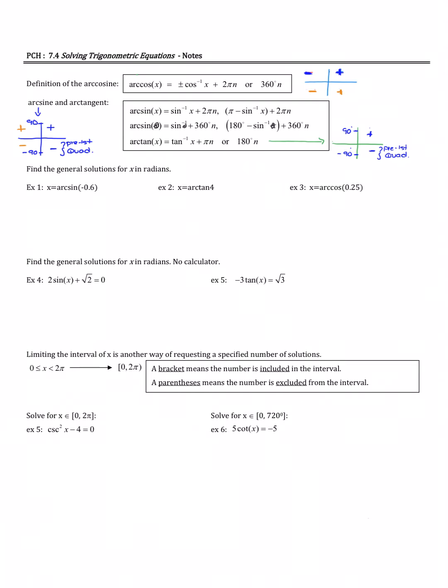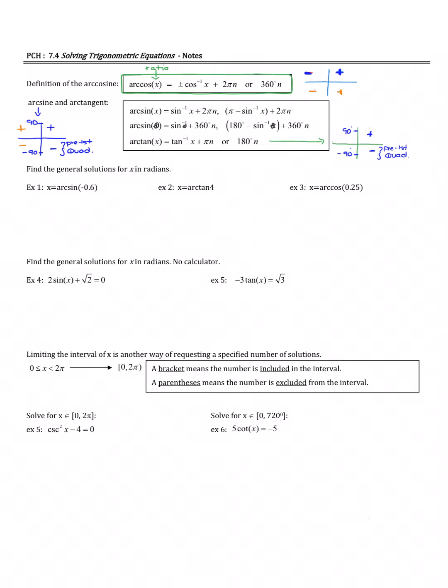So we have been working with the arc cosine, and here's the definition. That has not changed, but just to go over it again, remember, the argument to an arc cosine is a ratio, and the answer is going to be a collection of angles when you evaluate it.